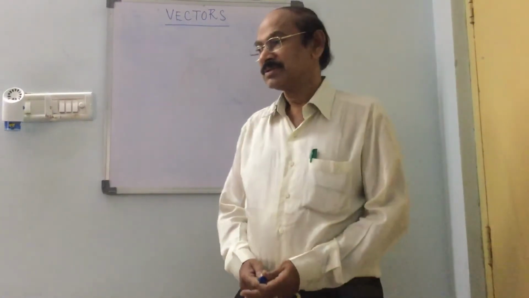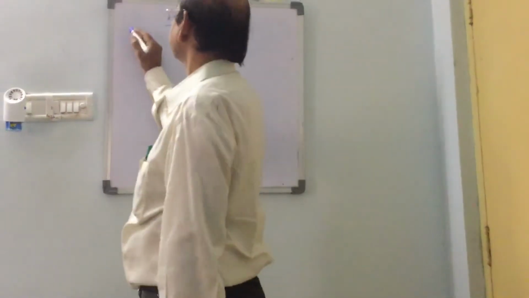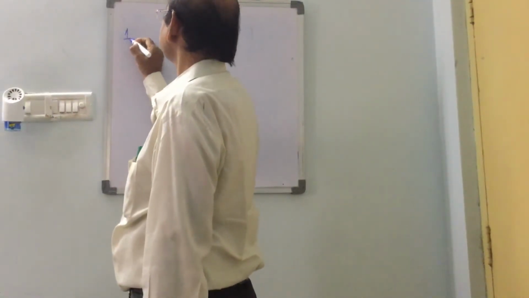But as the physical quantities have magnitude and direction, depending upon the magnitude and direction, all the physical quantities are again classified into two types, scalars and vector physical quantities. So there are two types of physical quantities.